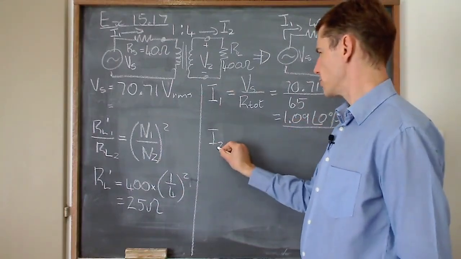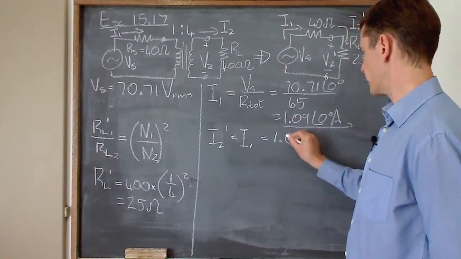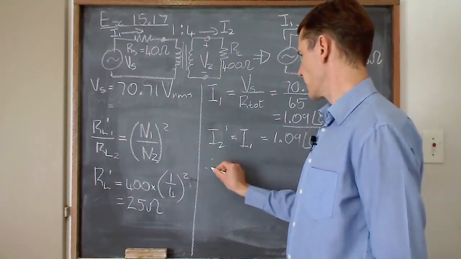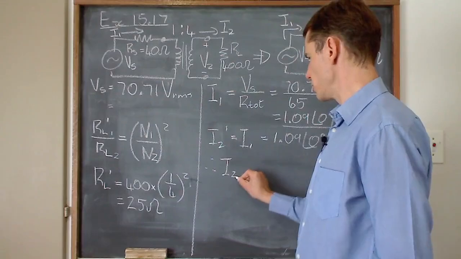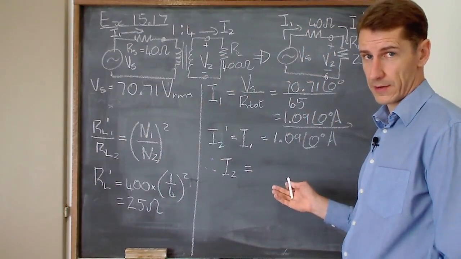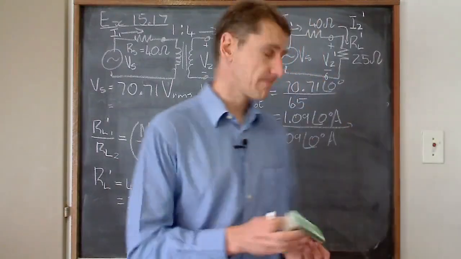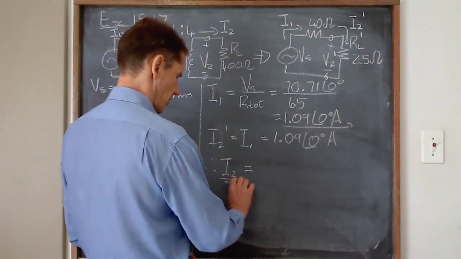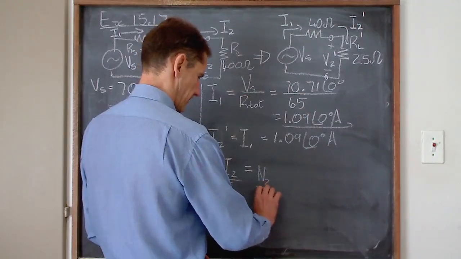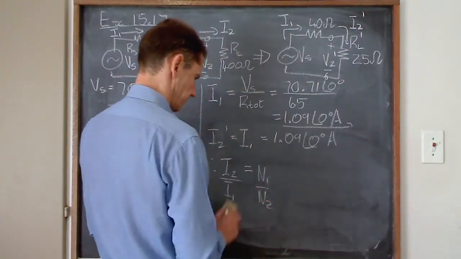But we know that I2 prime equals I1 equals 1.09 angle 0 degrees amps. So in other words, I2 equals... I want to take it over now to the other side. I always get confused, so I always start with I2 over I1 must then equal N2 over N1, the other way around, N1 over N2.